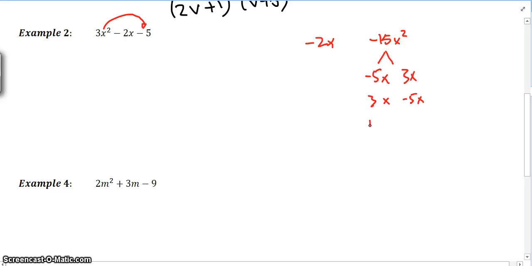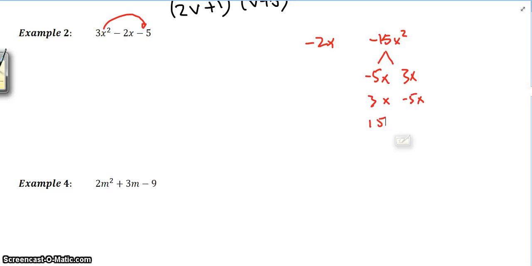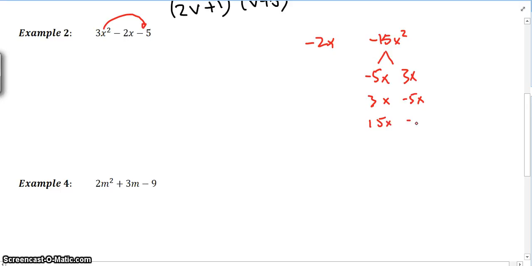And we also have 15x and minus 1x. I'm just going to stop here because I know one of these will hit. So minus 5x plus 3x, that's minus 2x. And this is 2x. This is 14x. So we can see that the factors that we want are these ones right here.